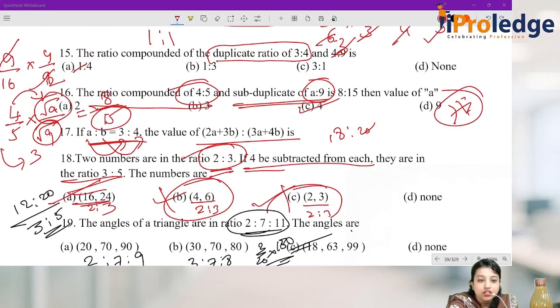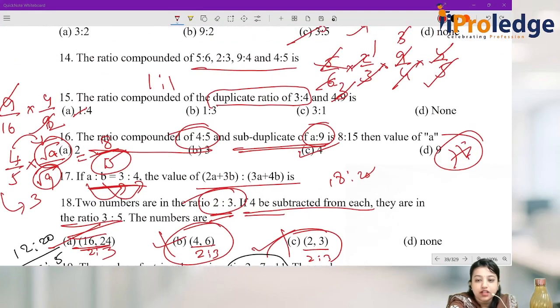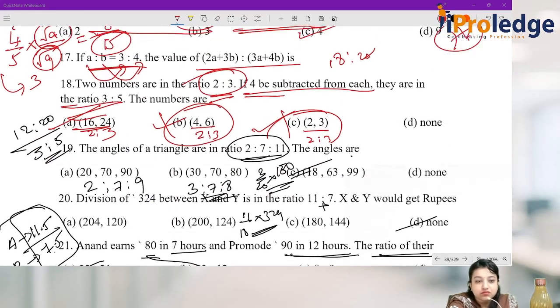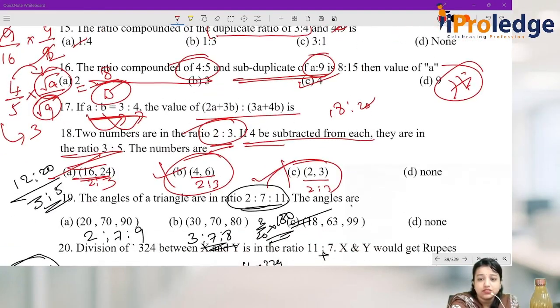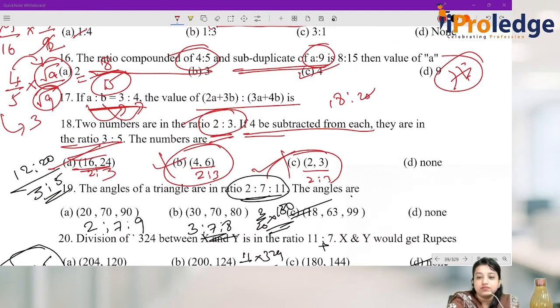Okay. Yeah. Now, who said this? Samskruti Gowda. Okay, see the 16th one.